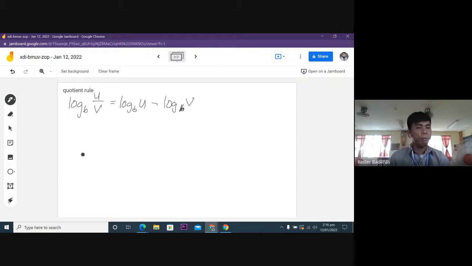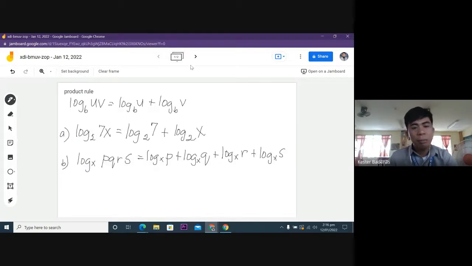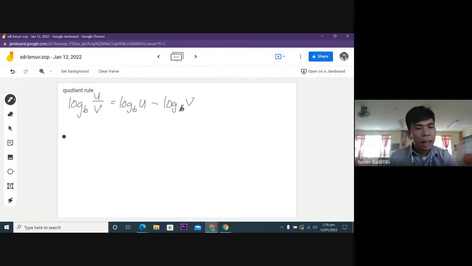So, yun po. So, example, anong letter na tayo? C? A na lang ulit for quotient rule. Okay, so let's take for example, we have logarithm of 11 over 2 with the base x.